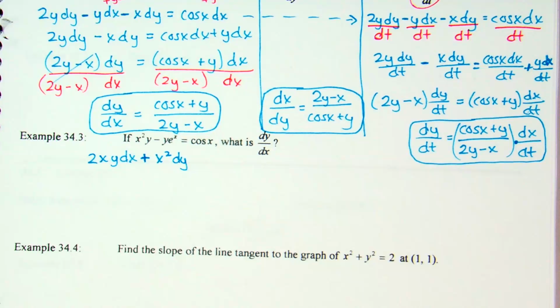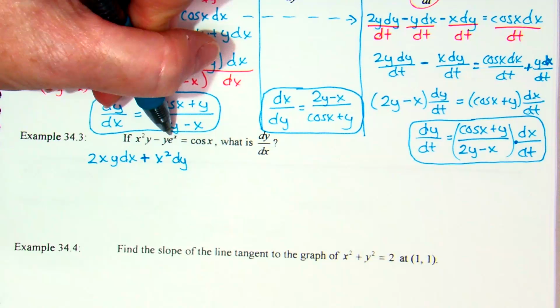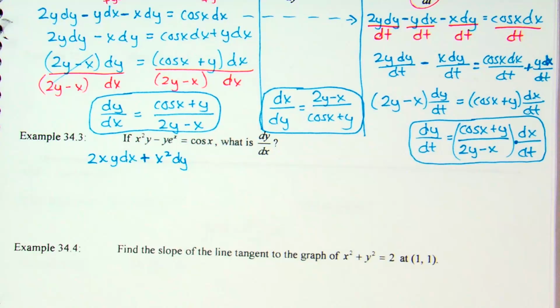Okay. Now notice, we are minusing this next term. So we're going to minus the derivative. How do we take the derivative of y e to the x? Y and e to the x are two different things again, so it's a product rule. So subtract derivative of y, 1 dy times the e to the x. So I'm going to say e to the x dy.